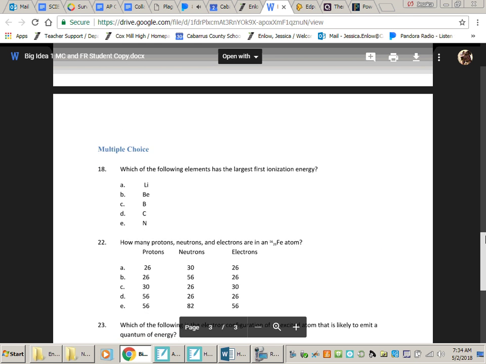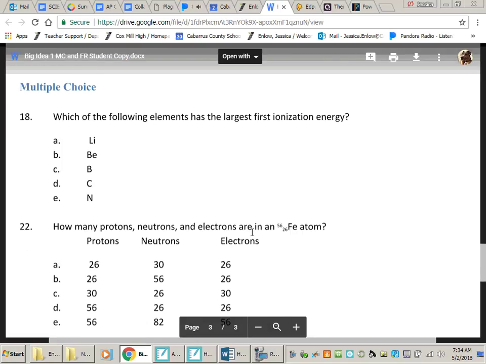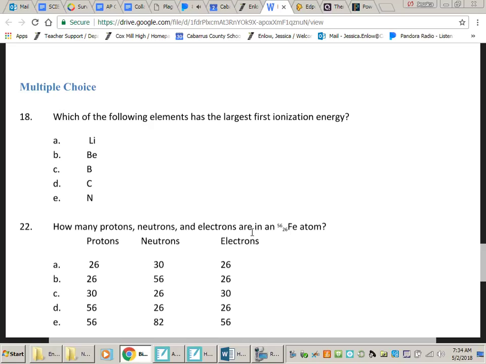Today is Wednesday. Once you're done with that multiple choice part, will you pass out these multiple choice tests? We're going to check these in a minute. Who's got a stack?